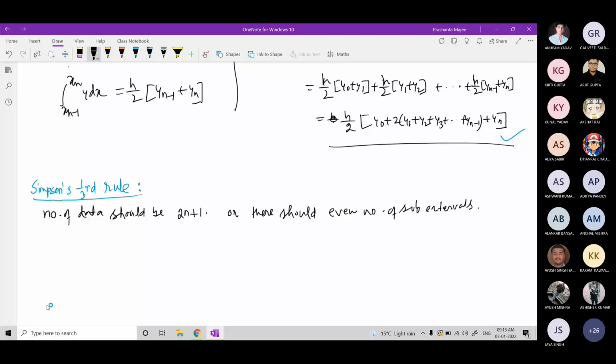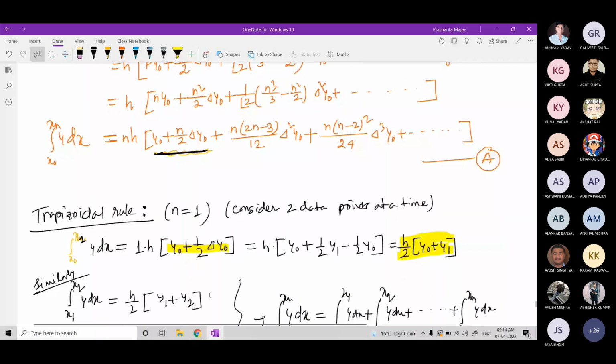Okay, let's see how. If you take n equals 2 in the formula, then what will be the polynomial? Can you tell me what will be the formula A, if you take n equals 2? What do you mean by n equals 2? There are 3 data points.